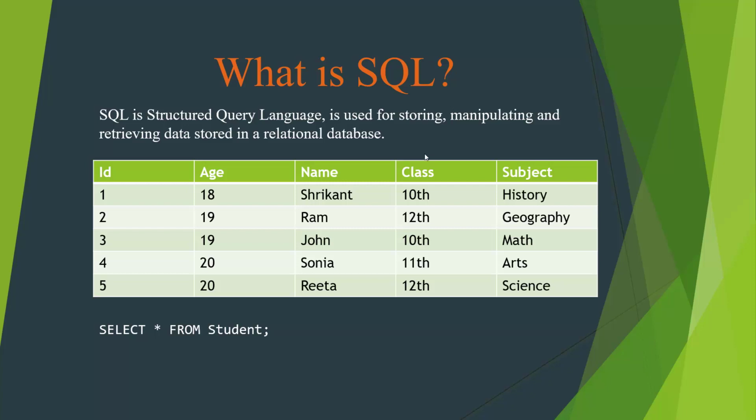Let's take a real-time example. You have a bucket, and in the bucket you put 5 items: item 1, item 2, item 3, item 4, item 5. The bucket is called the database, and the items are called tables.